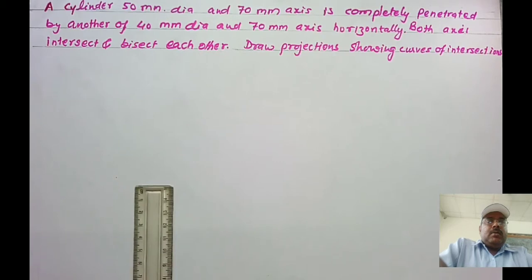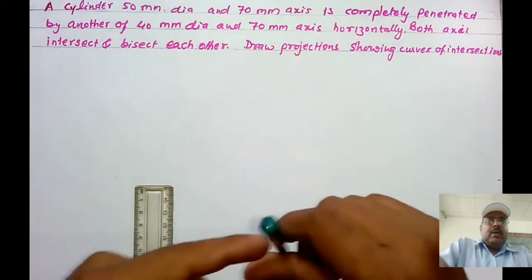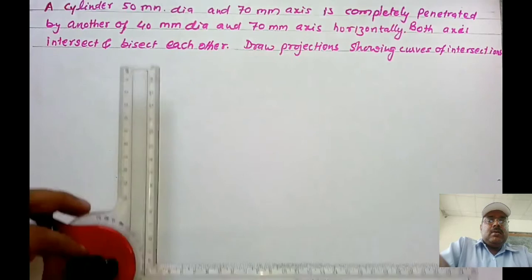So we are going to solve the problem of intersection. Set the mini drafter at 0 position.